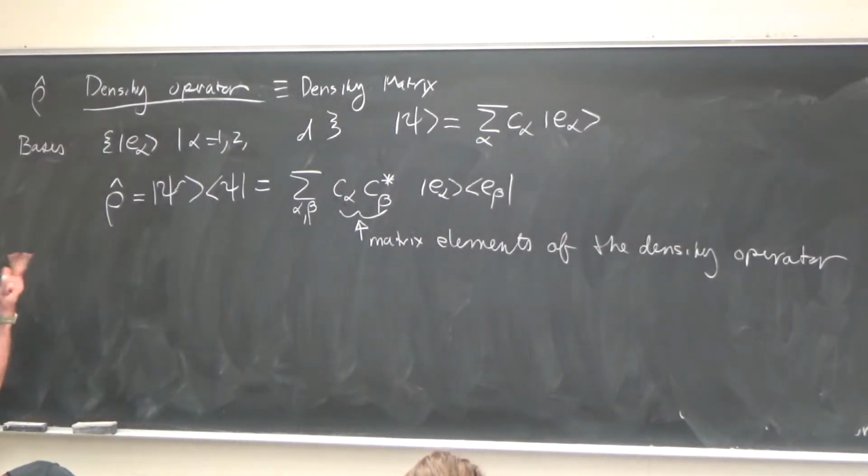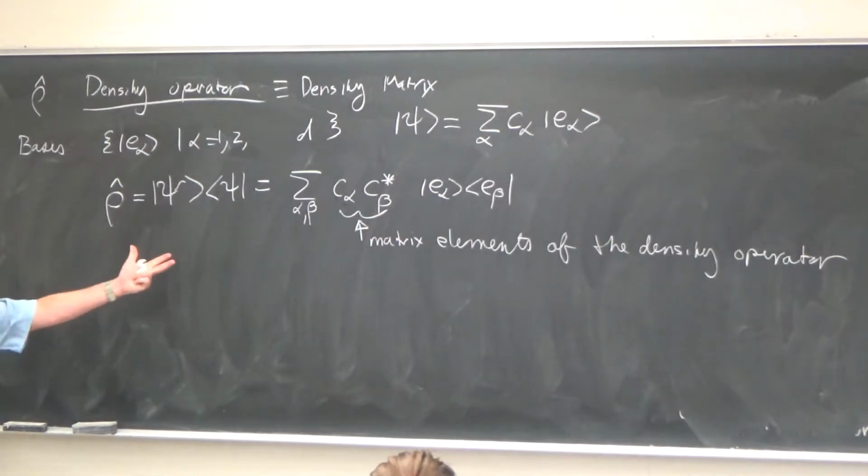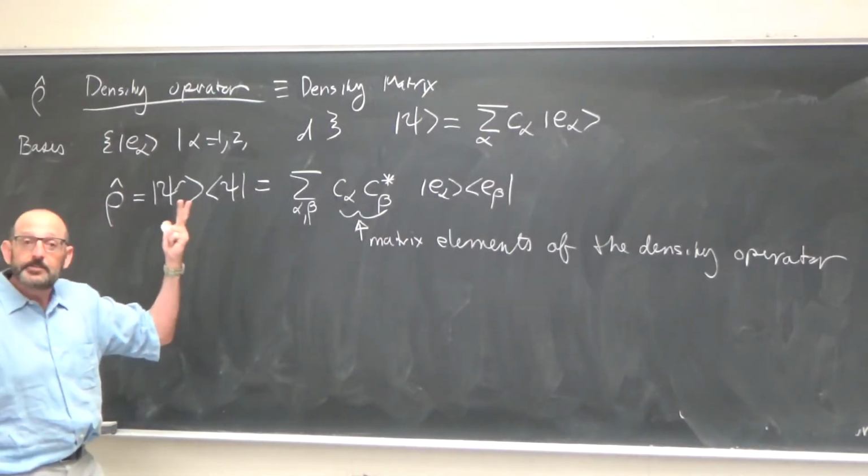So, how do I interpret the elements of the density matrix?